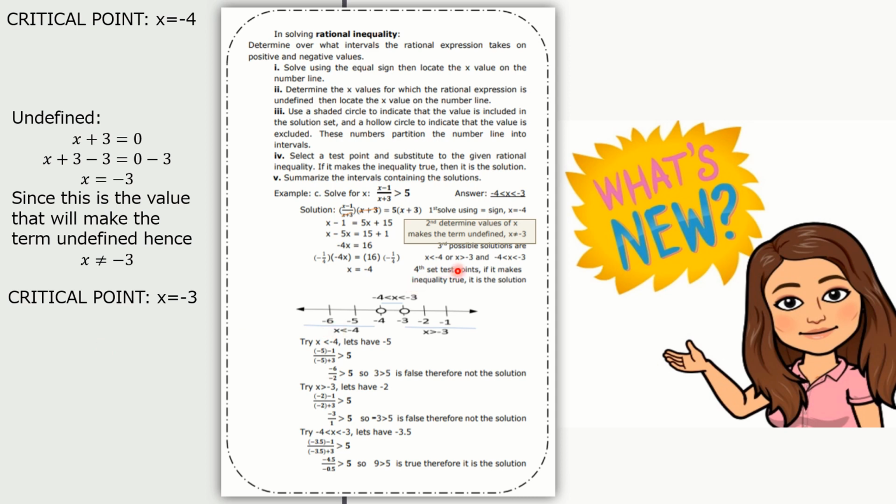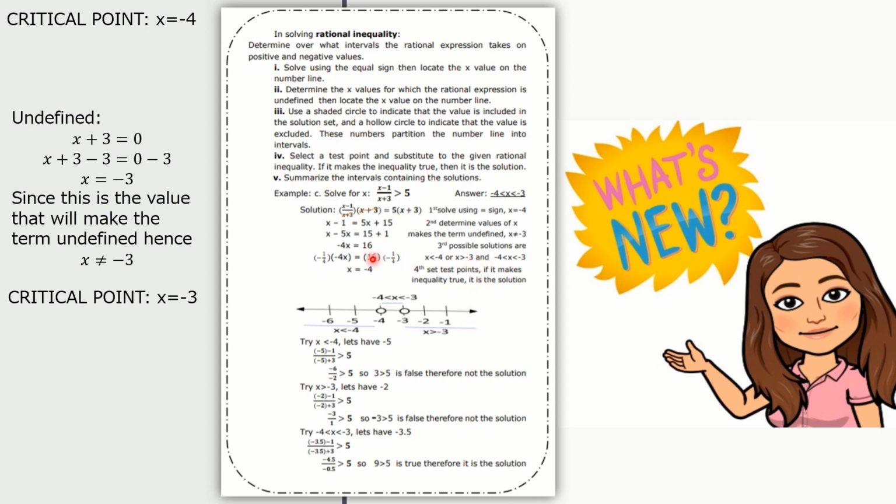The third step is to use a shaded circle to indicate the value is included in the solution set and a hollow circle to indicate that the value is excluded. These numbers partition the number line into intervals, in this case 3 intervals: the first interval, the second interval, and the third interval.